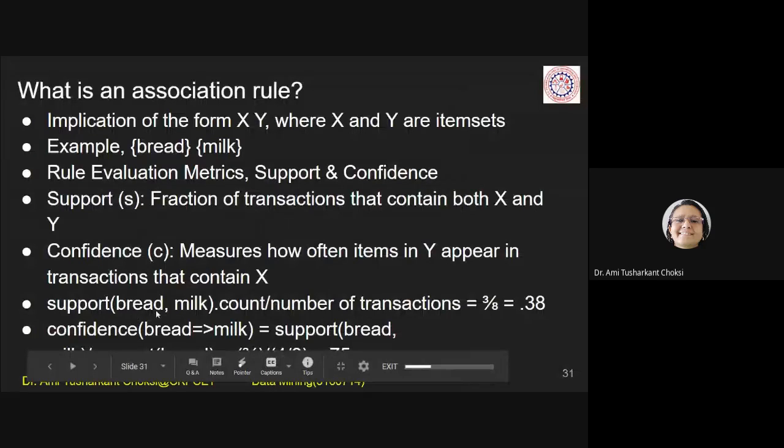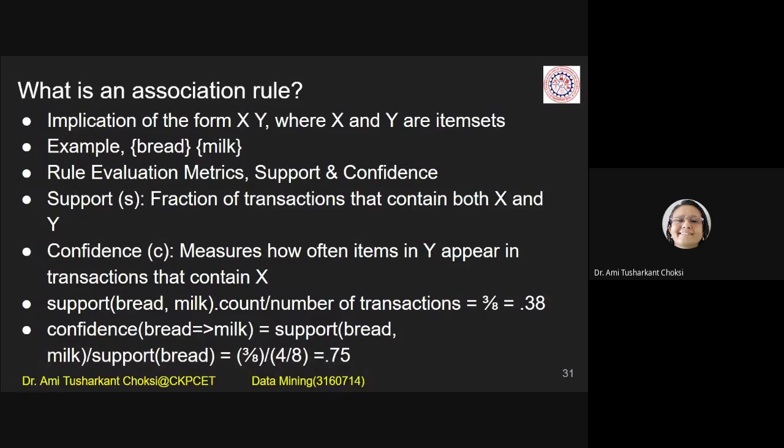So what we say is support count is 3 divided by the number of transactions, that is 3 by 8, and it is the support of bread and milk. Or you can say it is the support for bread implies milk. For this particular rule, support is 0.38.